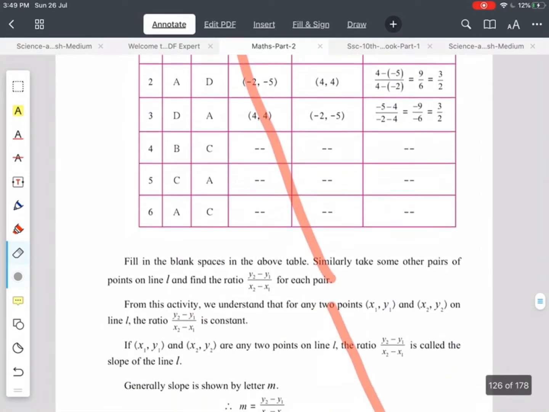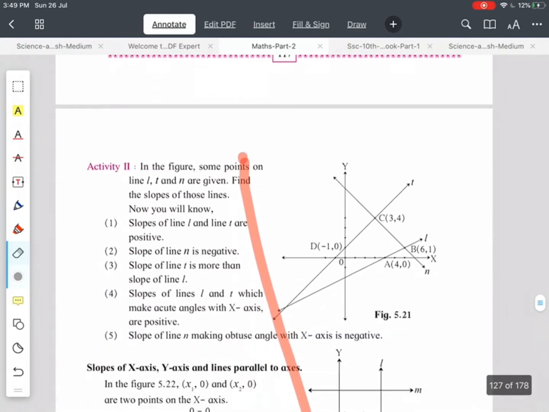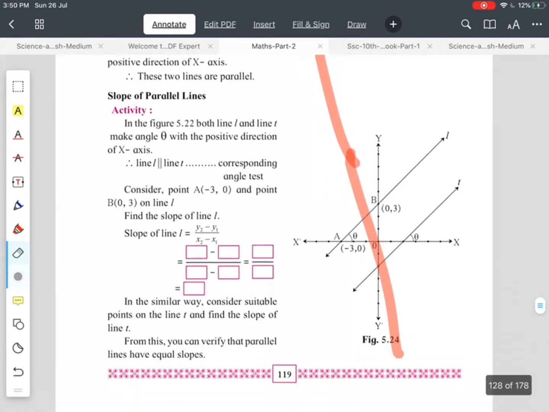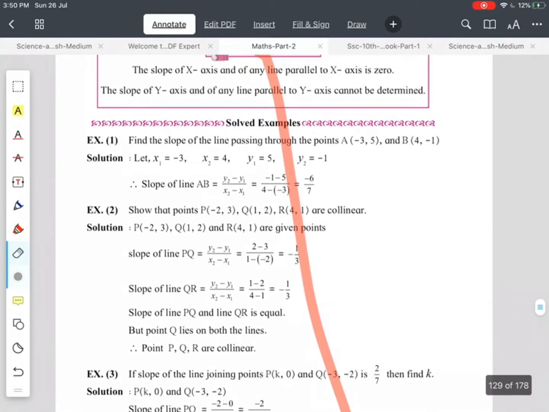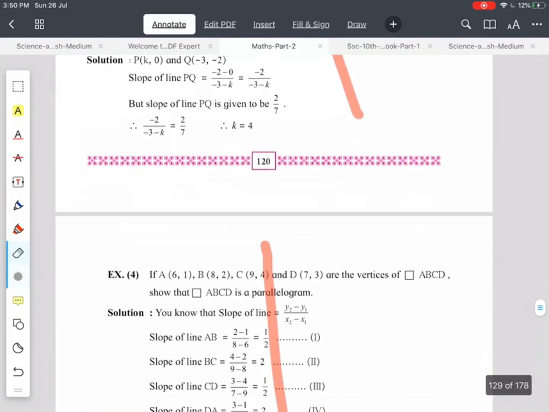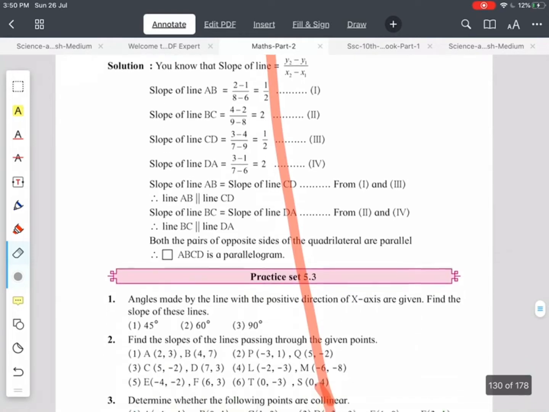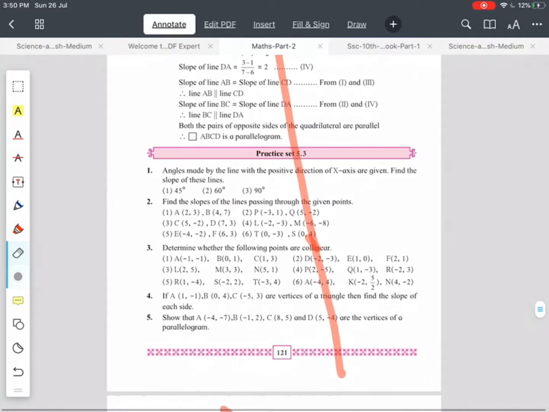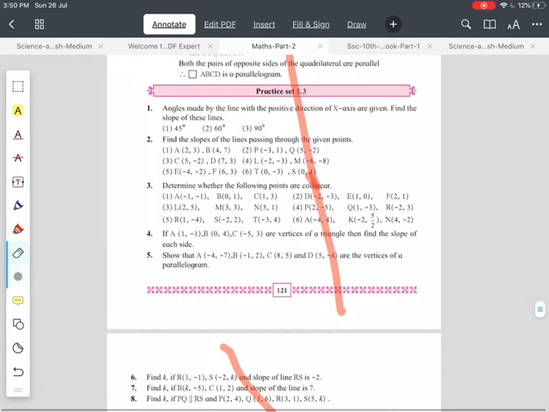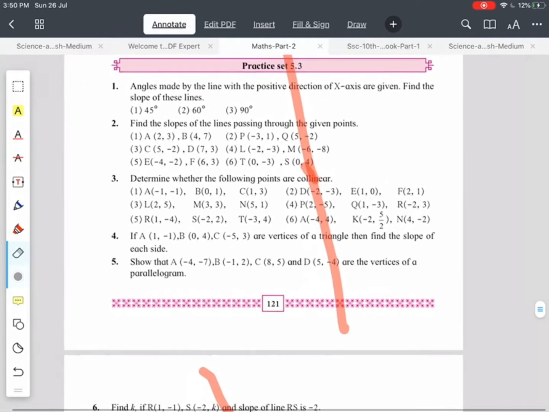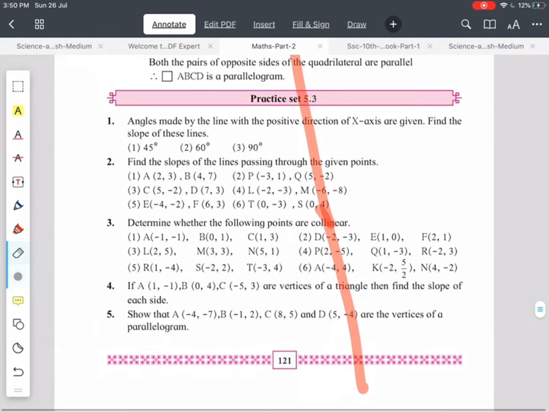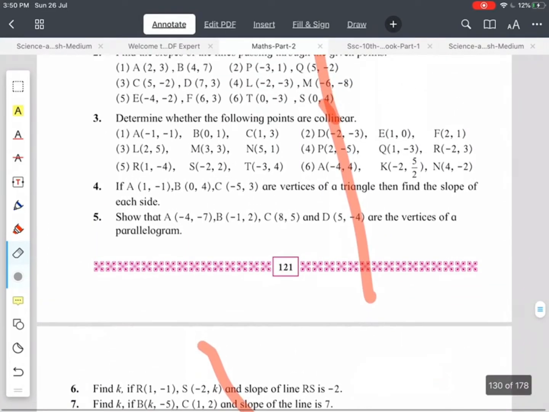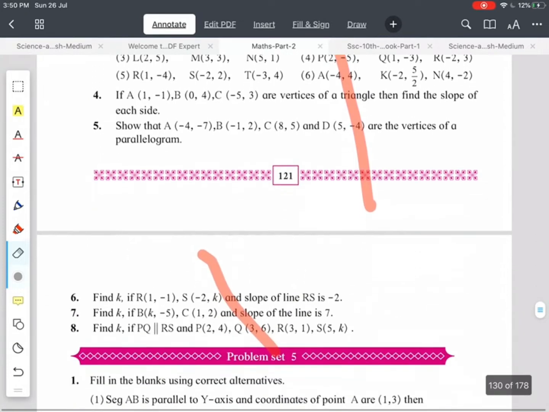Page number 116, and full pages 117, 118, 119, all are related with slope. With the help of slope we can solve this type of example. Practice set 5.3 is based on slope only, so the full practice set is omitted.